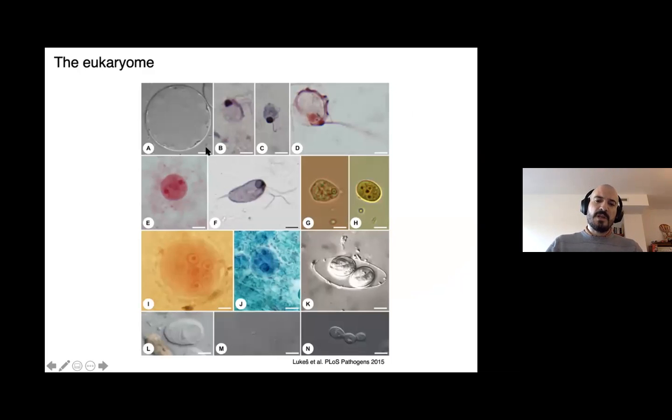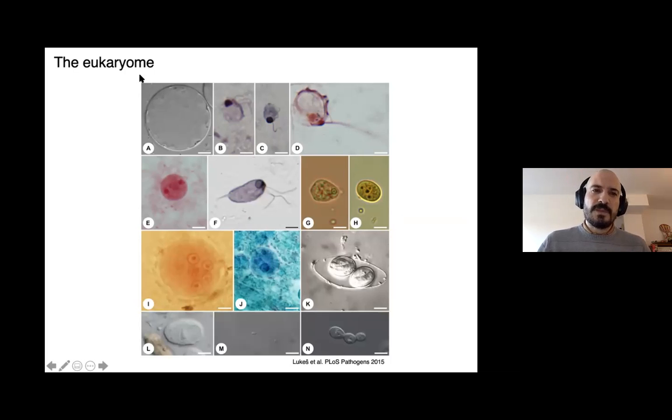This is an example of different eukaryotic organisms that we can find in the human gut. In order to differentiate what we look at from what people working on bacteria look at, we coined the word eukaryome. It's not a very nice word, but it's necessary because, despite being part of the microbiome, when you say microbiome, for some reason people only think about bacteria.